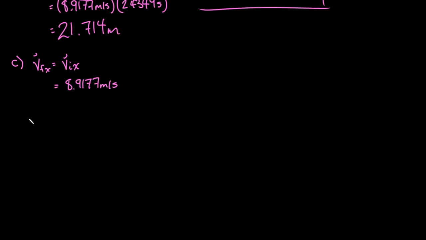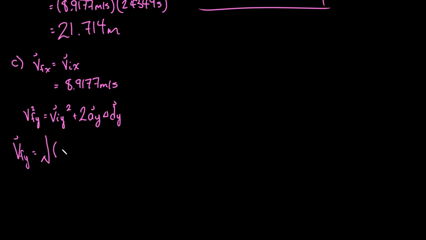And then for the y direction, we're using our formula that says Vfy squared is going to be equal to the initial velocity in the y direction squared plus 2 times the acceleration in the y direction times the displacement in the y direction. Okay, so when we go and solve for the final velocity in the y direction, we're literally just taking the square root of all these.